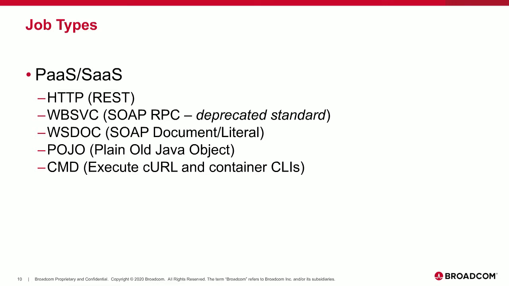So with the PaaS and SaaS type applications, of course, we're working with web services to be able to interact with these applications. And so the primary job types that are available are the HTTP job type, which can be used for the RESTful web services.